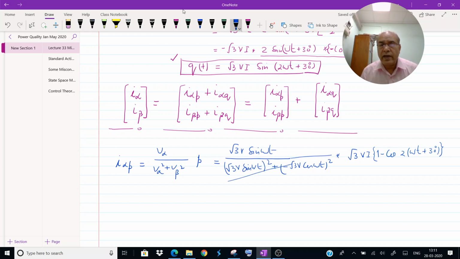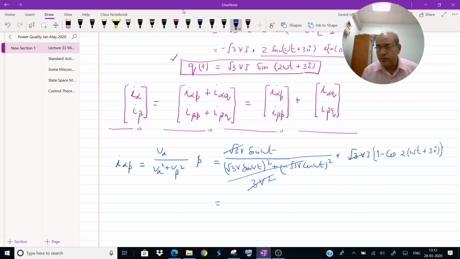So this goes as 3b squared. This will go with root 3b and root 3b. So finally we have only the current component, that is simply I sin omega t.